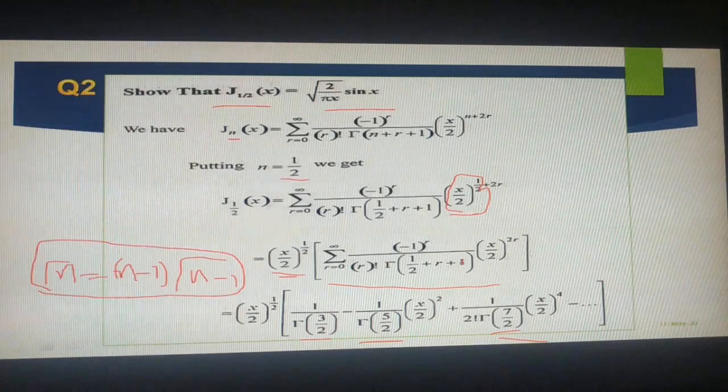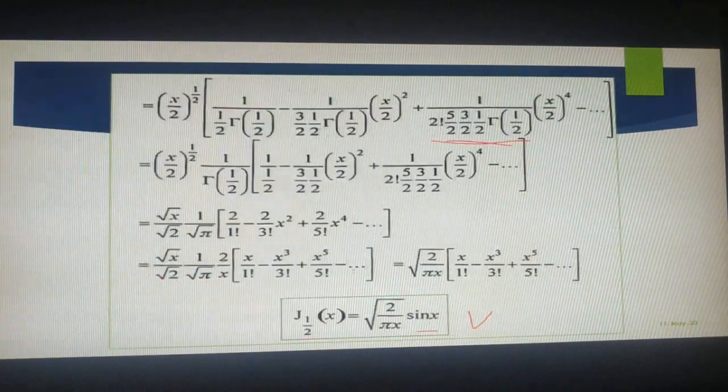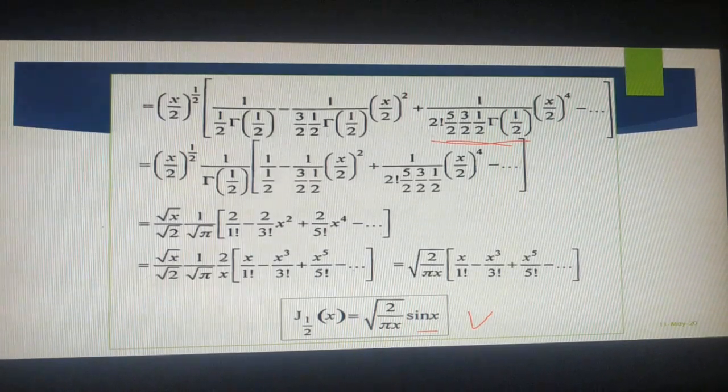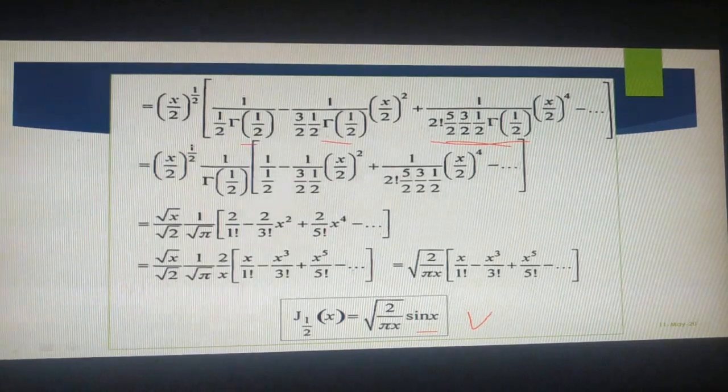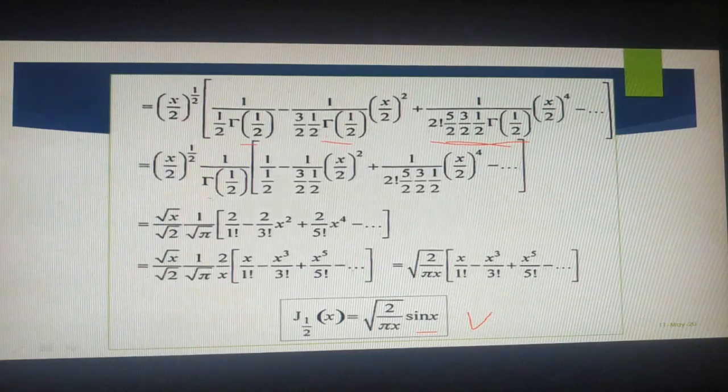Right. So if you are going on like this, in all the terms we have gamma of 1 by 2, so that I am taking outside, and this particular term (x by 2) to the power of half, 1 by gamma half, that we are keeping outside, and the remaining we are trying to simplify.